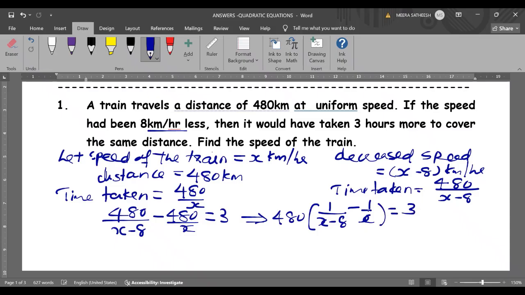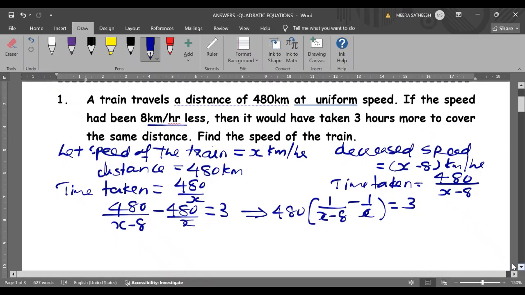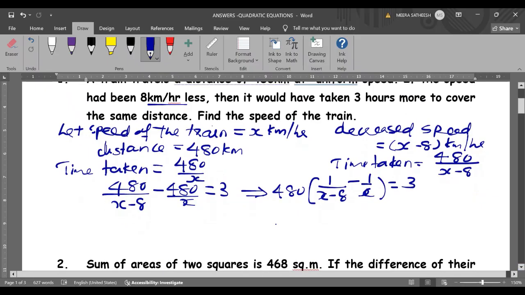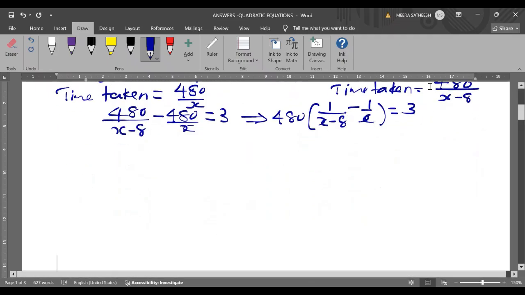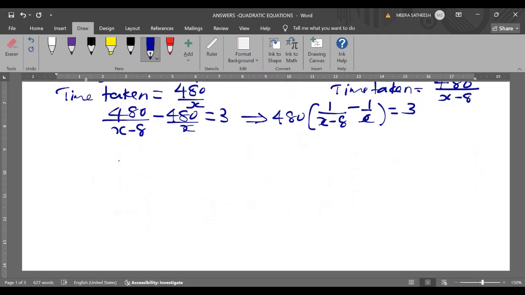Now we can send this 480 to the other side. So 1 by x minus 8 minus 1 by x is equal to 3 by 480. It is divisible, no? We can cancel it. 160 we will get here.